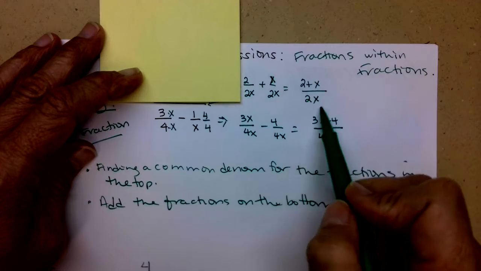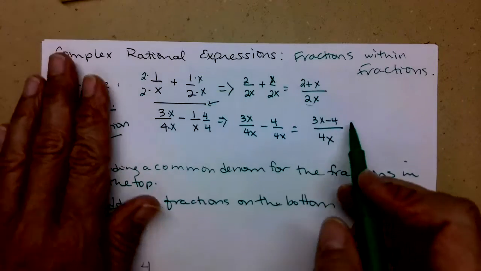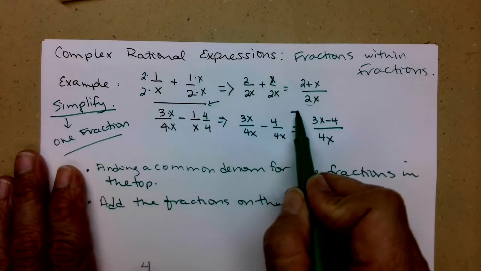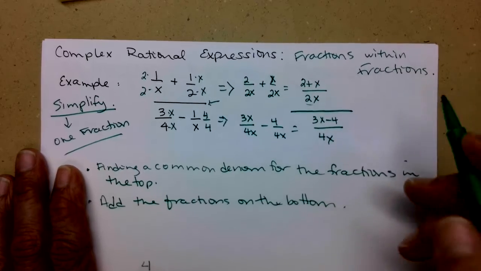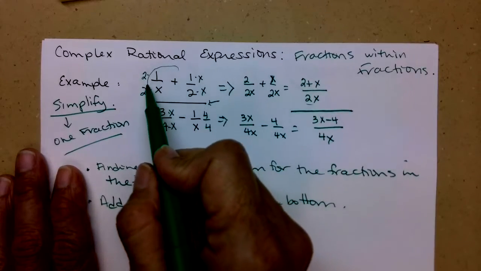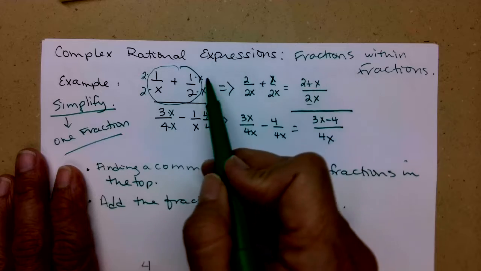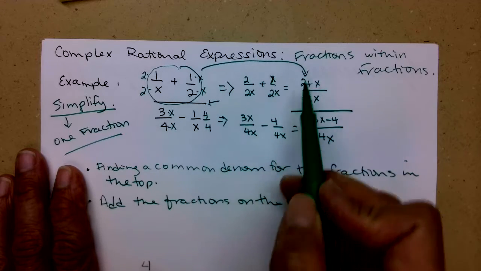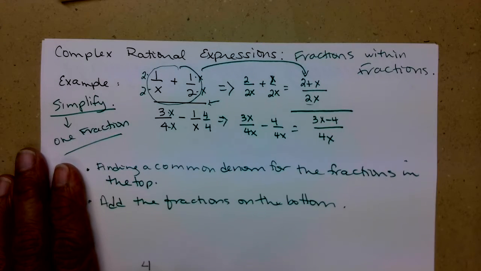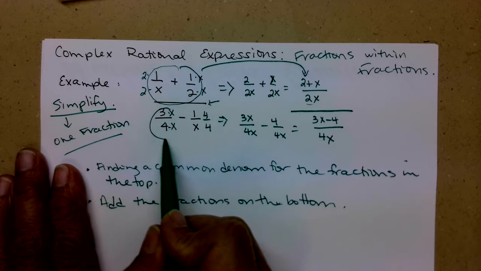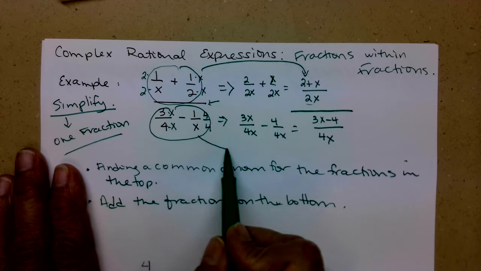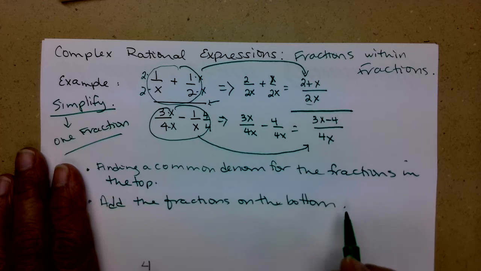Okay, so there's the big top and here's the big bottom. Here comes our big division line. So 1 over x plus 1/2 is equivalent to 2 plus x over 2x. 3/4 minus 1 over x is equivalent to 3x minus 4 over 4x.